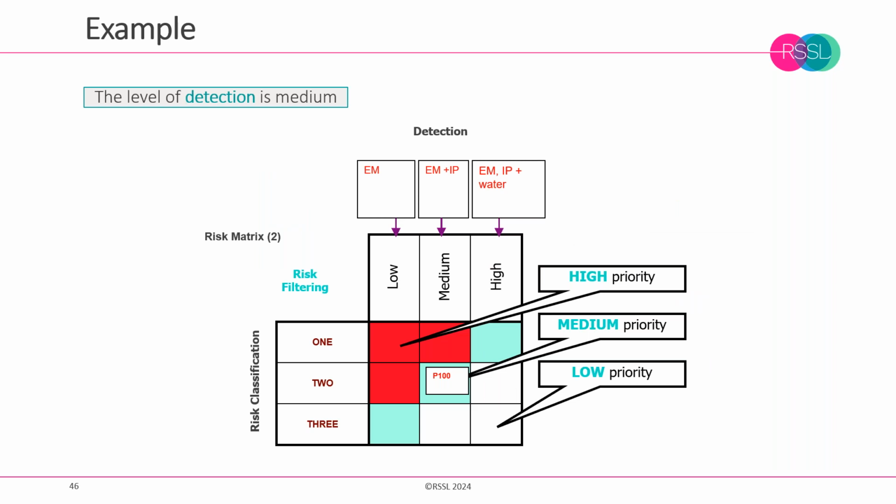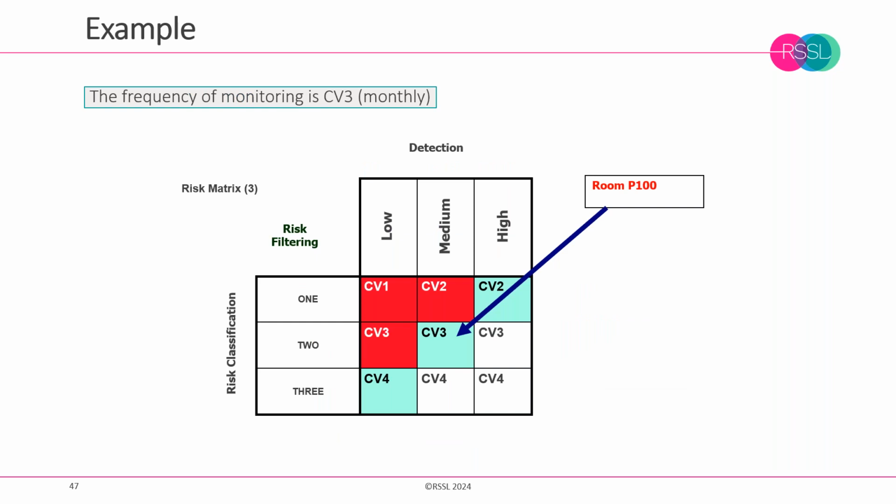So it's risk class 2 and medium detection. Again, we position room 100 in the middle of our diagram. Then we transpose our monitoring frequencies, so we're back to our coding of CV 1, 2, 3, and 4: 1 being weekly, 2 being fortnightly, 3 being monthly, and 4 being every 3 months.